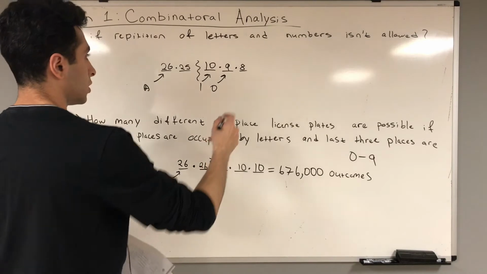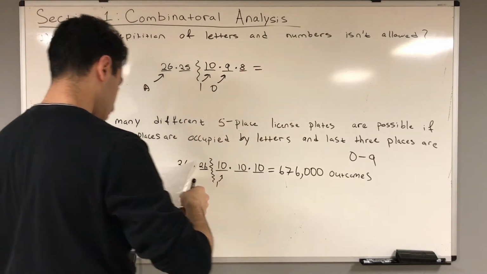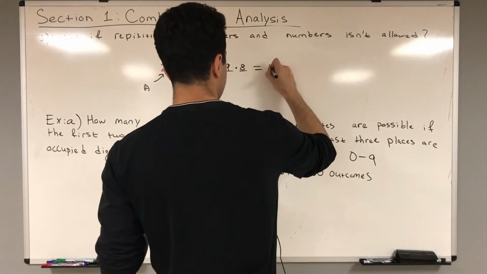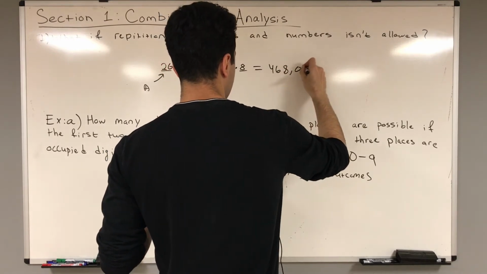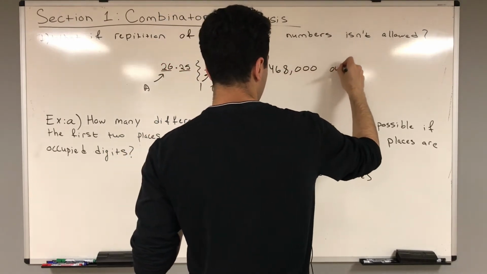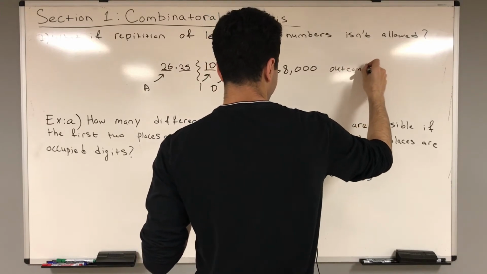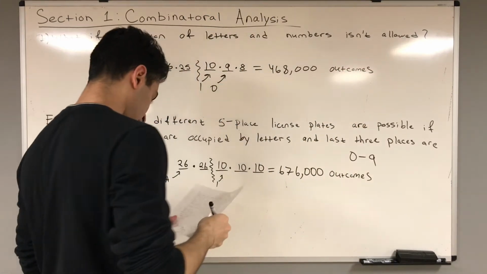So this turns out to be 468,000 different license plates or outcomes. And that's it.